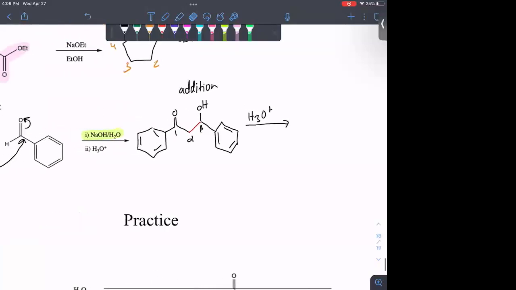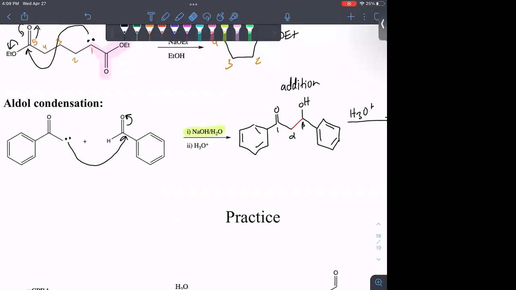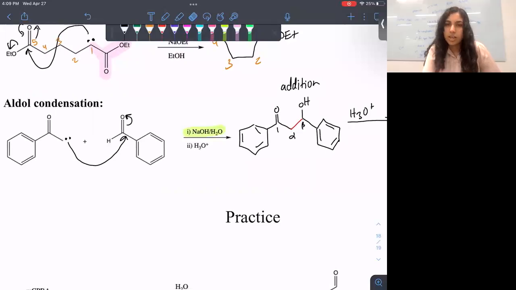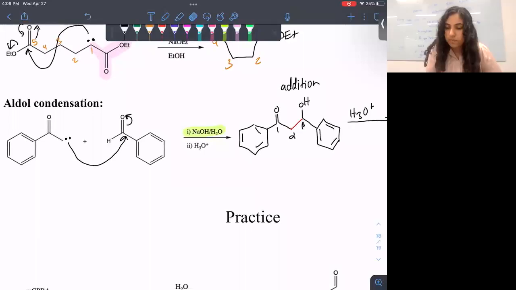Which side should we attack for the alpha carbon and the alpha hydrogen in that case? Then you look for thermodynamic or kinetic, depending on the base you have. Oh, okay. So if it's bulky, then we're going to go to the side that is less hindered. Mhm.